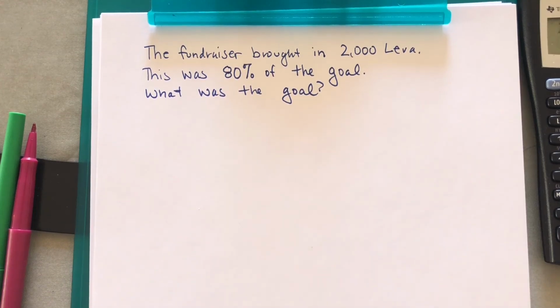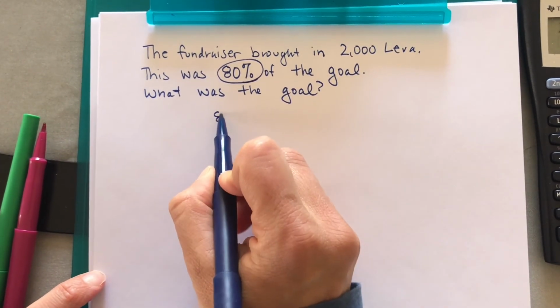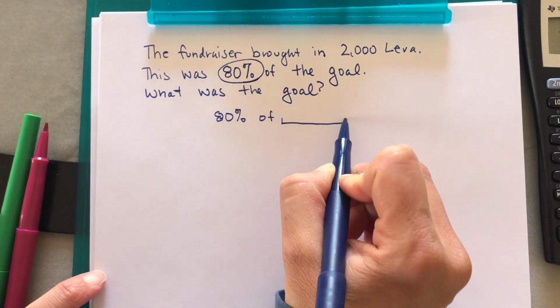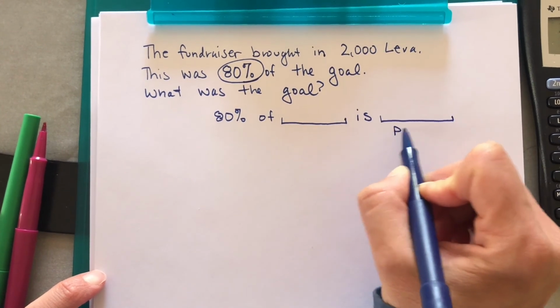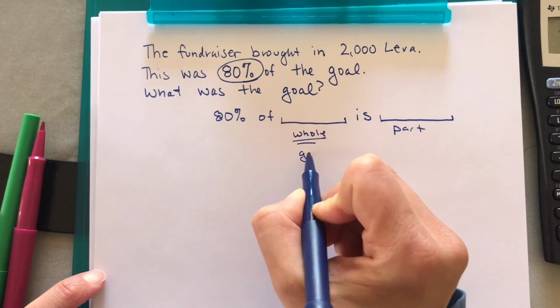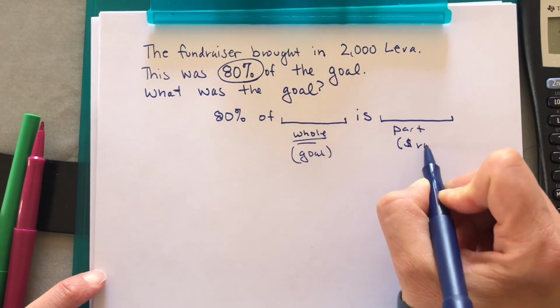Here's another question. The fundraiser brought in 2,000 leva. This was 80% of the goal. What was the goal? So we know the percent. We know that 80% of whatever the total was gave us the part. In this case, the whole would be the goal, and the part would be the money we actually raised.